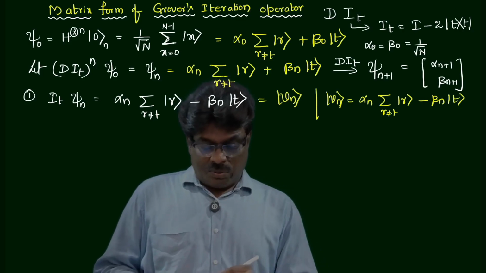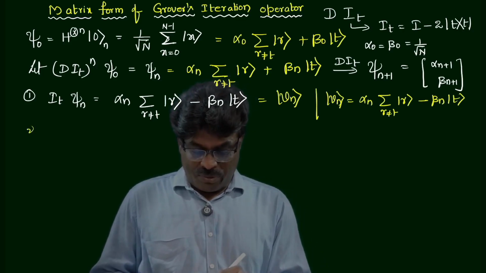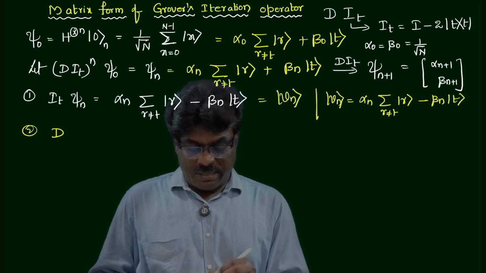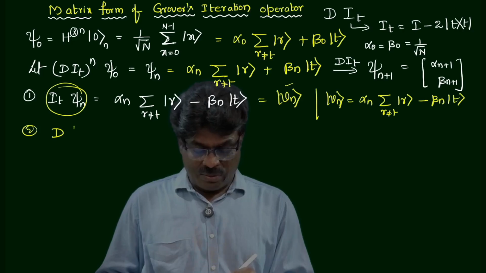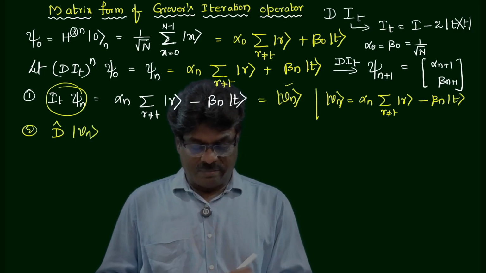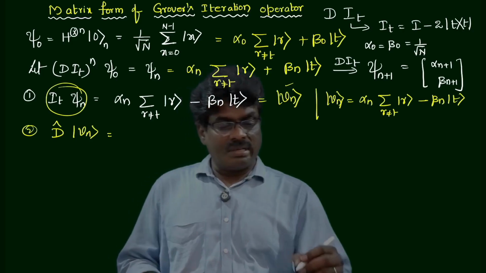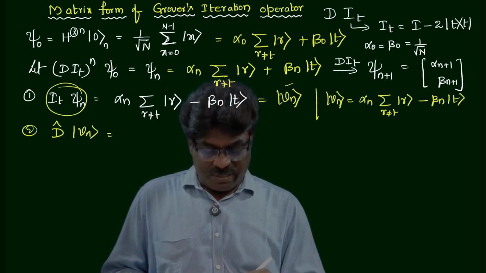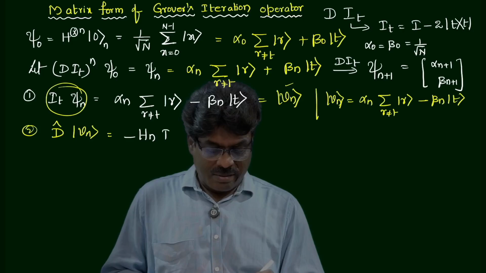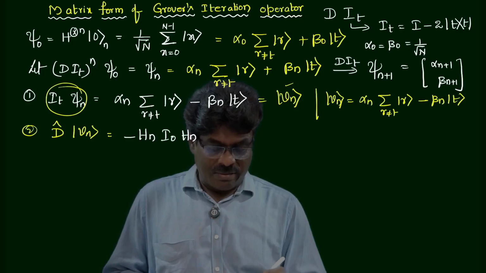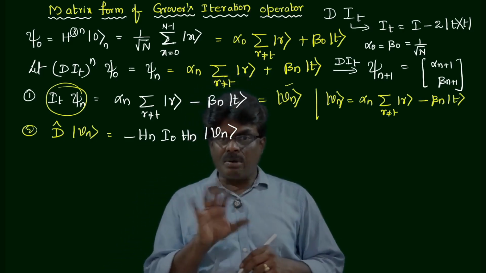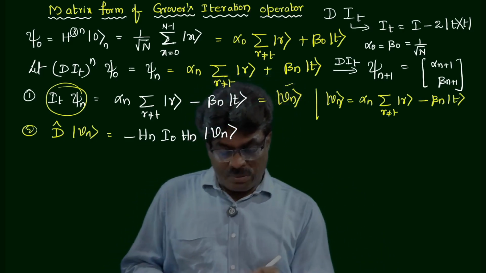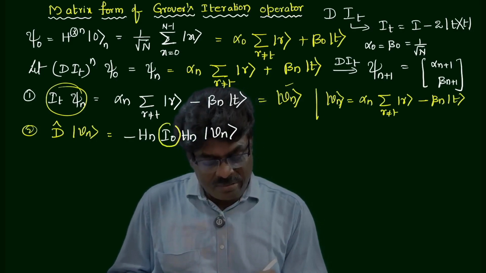Okay, so now I'm going to operate the diffusion operator. This D will operate on what we have assumed to be V n. So D operates on V n. And you know what the diffusion operator is? That is minus H n, I naught, H n, and V n. Here I am not substituting V n. I am going to substitute this I naught.